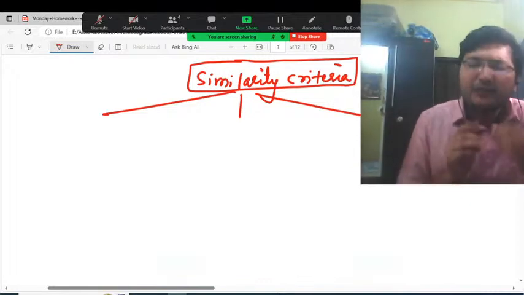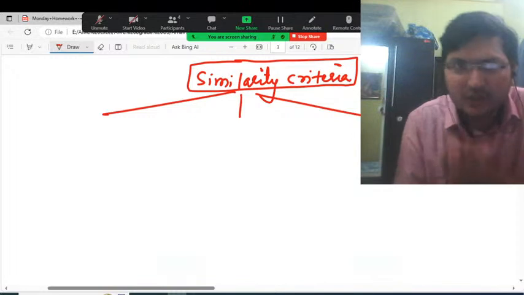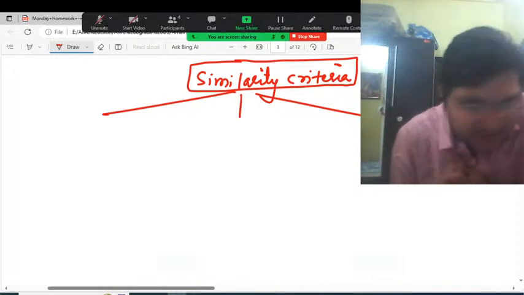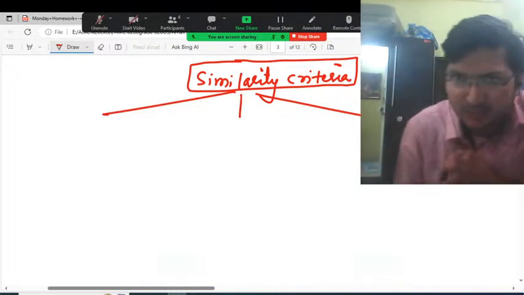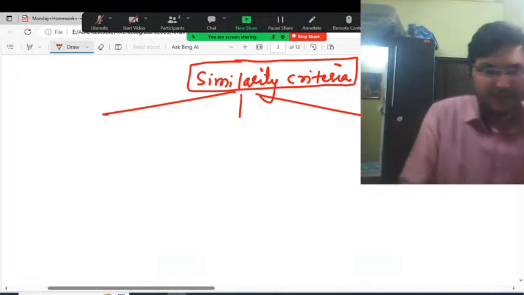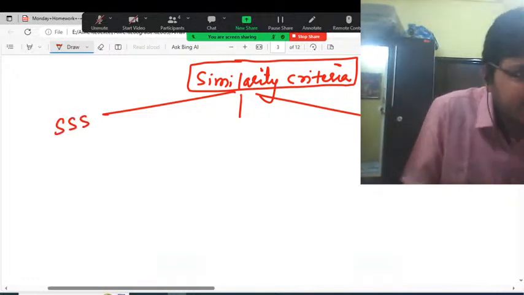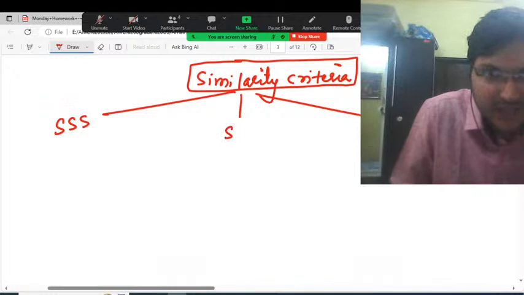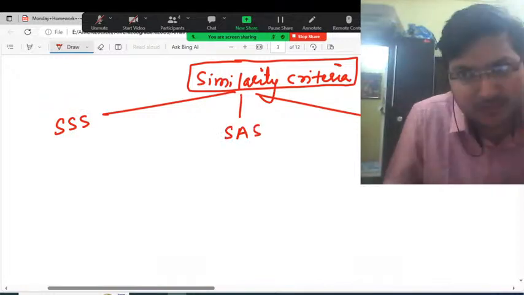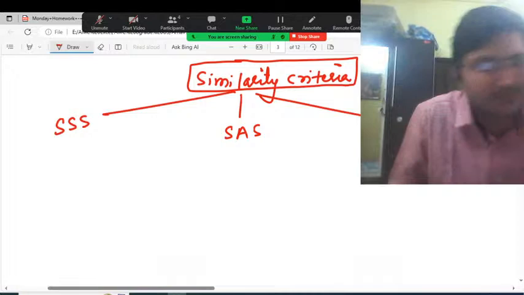We need not find all corresponding angles equal and all corresponding sides proportional every time. Those criteria are SSS, SAS and AA or AAA. I'm going to explain these 3 criteria in much detail now.